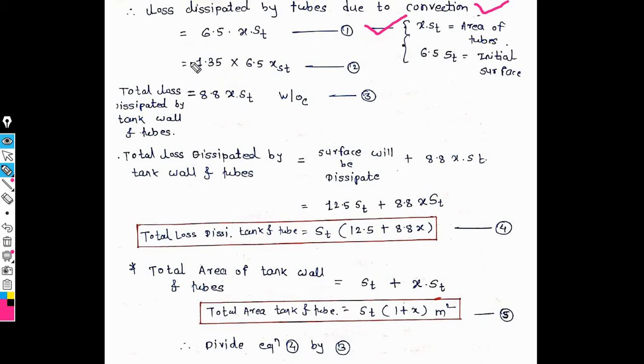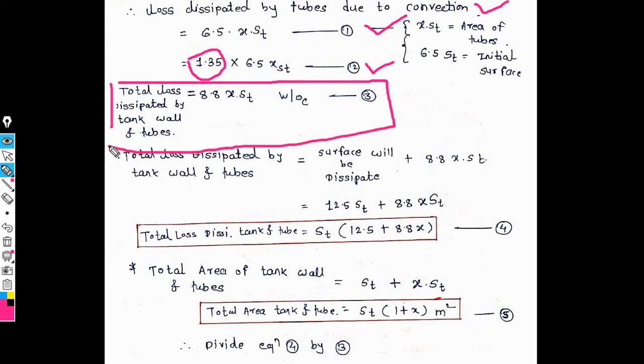Then with the calculated value of 35% convection, it is 1.35 into 6.5 x into ST, equation number 2. Then 1.35 multiplied by 6.5 gives the value 8.8 x into ST, watt per degree Celsius. This is the total loss dissipated by tank wall and tube.